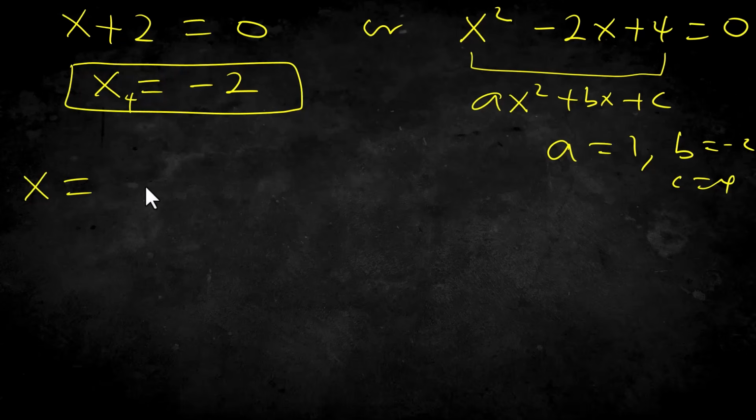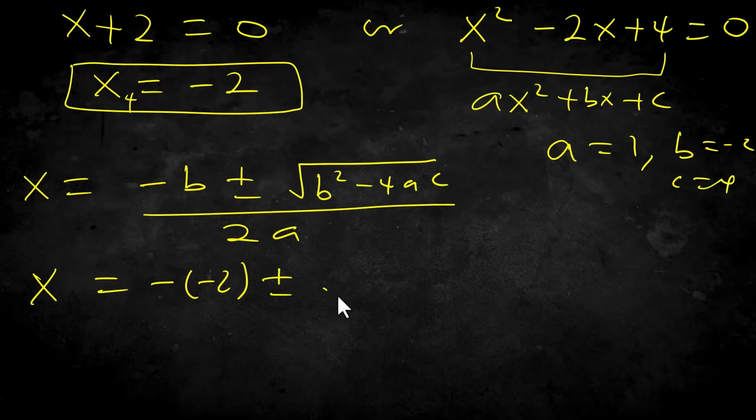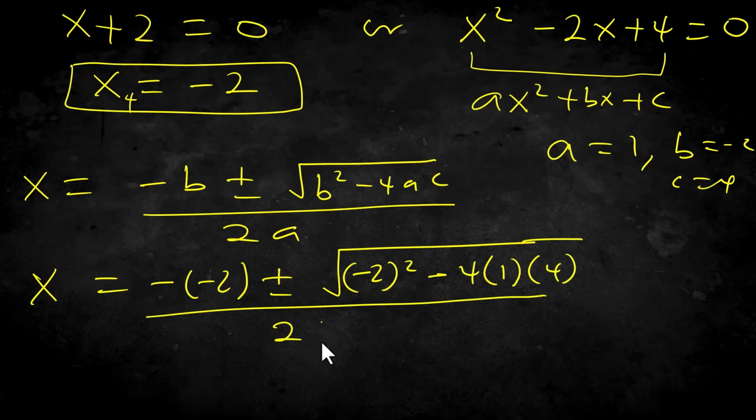So x will be minus b plus or minus the square root of b squared minus 4ac, all over 2a. So x equals 2 plus or minus the square root of minus 2 squared minus 4 times 1 times 4, over 2 times 1.